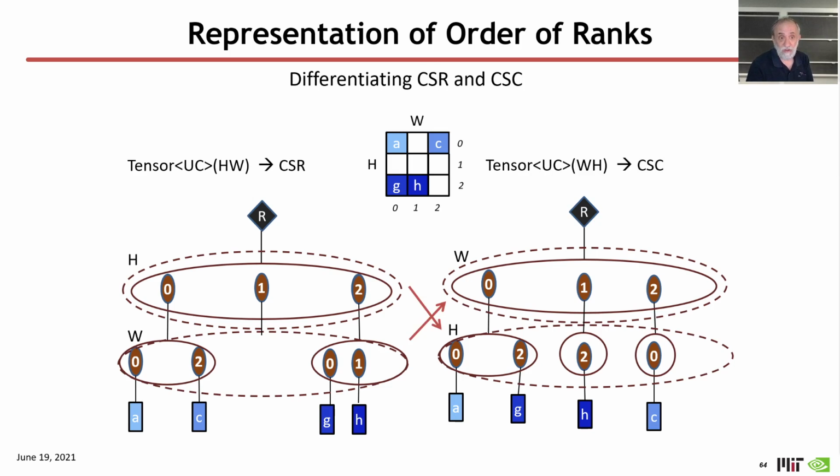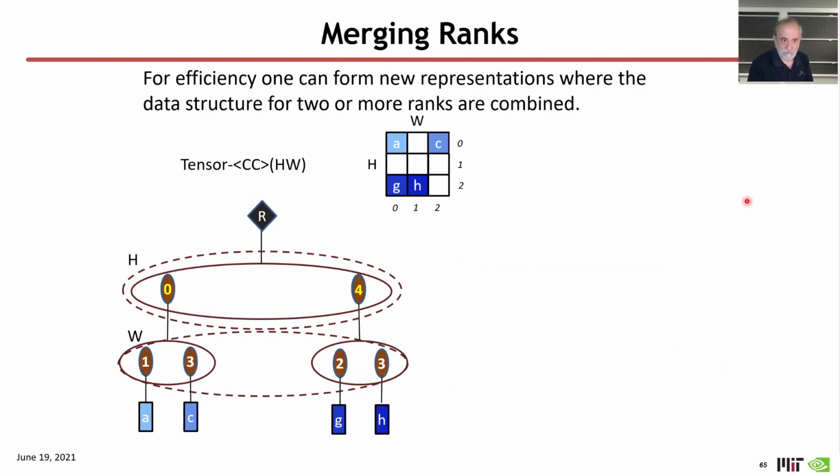Reverse the ranks. I now have a representation which is still UC, but the order of the naming of the ranks is different. It's now WH instead of HW. And I'm sure that a number of you realize, well, that's the CSC representation.